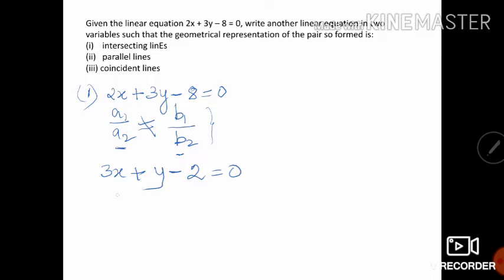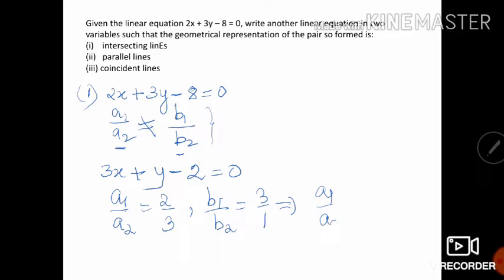Now find the ratios of the two equations. a1 upon a2 is 2 on 3, b1 upon b2 is 3 on 1. This implies a1 upon a2 is not equal to b1 upon b2, and hence these two equations have a unique solution.